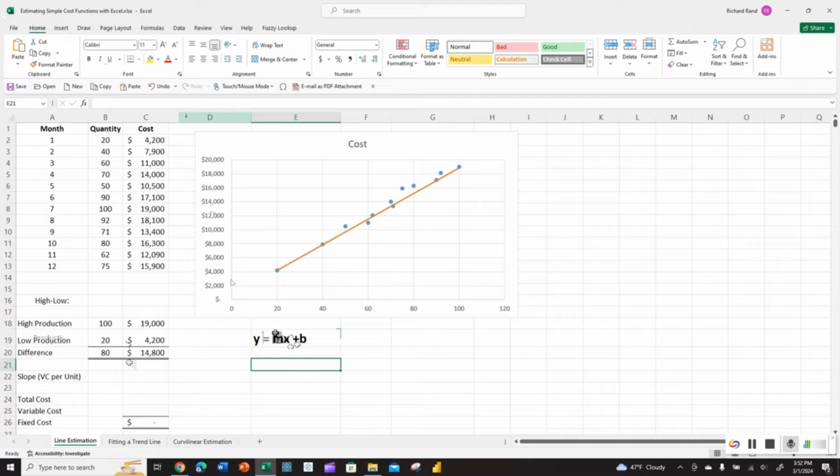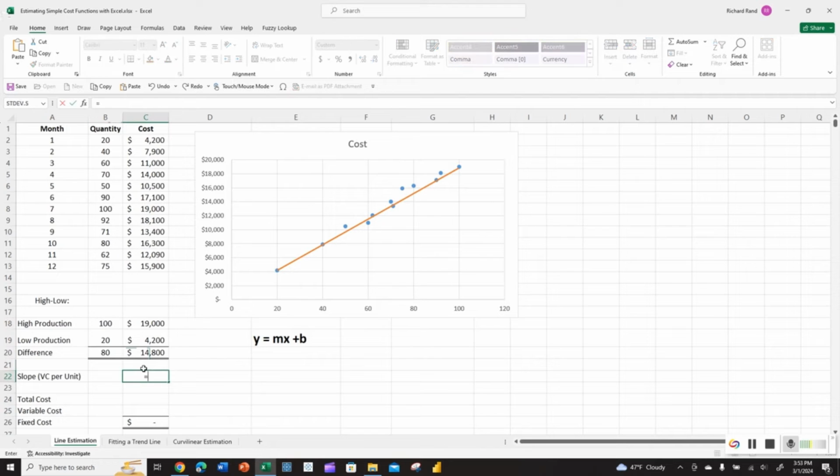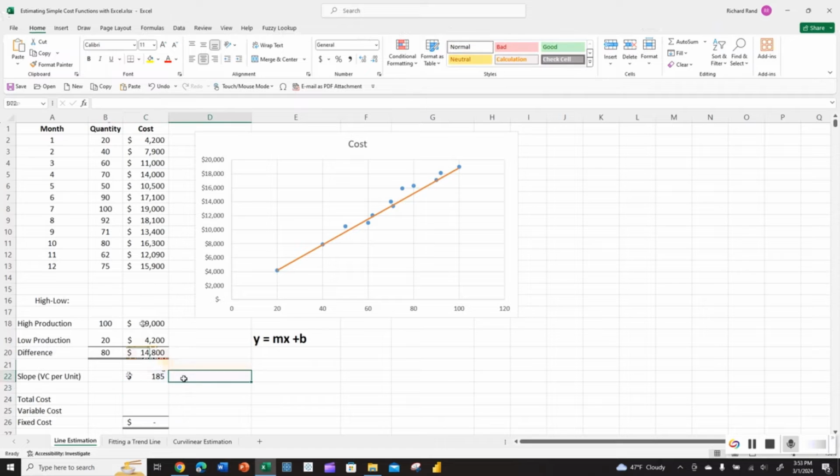Essentially we get m, the slope, by taking the change in y, which is my cost, over the change in x. We used to call that rise over run, if you recall. So I'll simply take my 14,800, my change between these two points, divided by the change between the two production points, and I get $185 per unit. That's going to be my variable cost per unit.